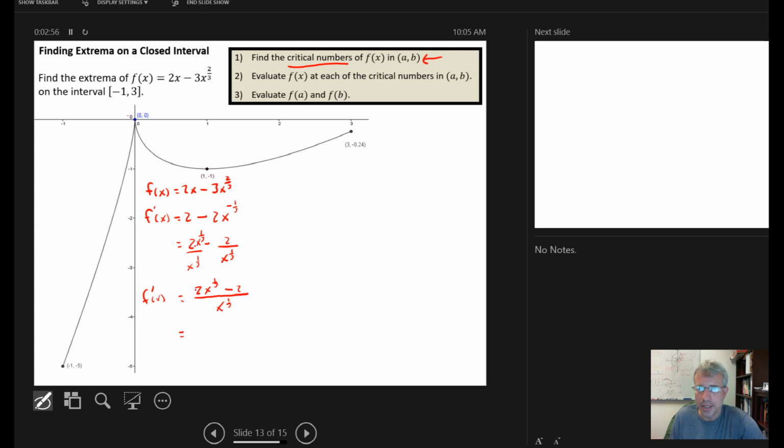And I want to recognize that the common factor of 2 is showing up in the numerator, so I could also write this as x to the 1/3 minus 1 all over x to the 1/3, with the constant 2 factored out.